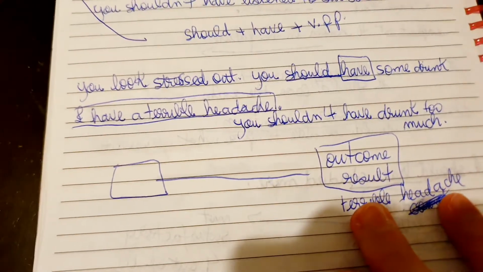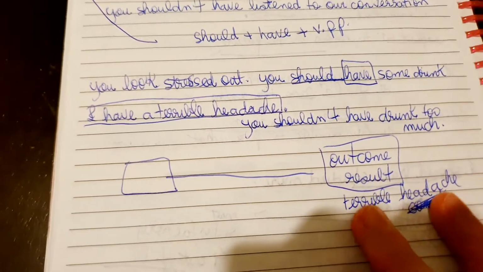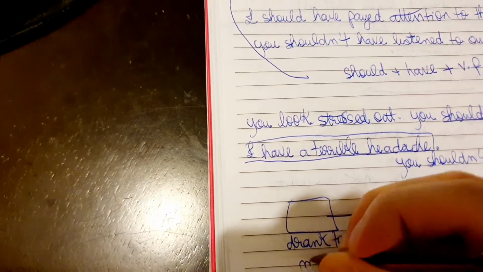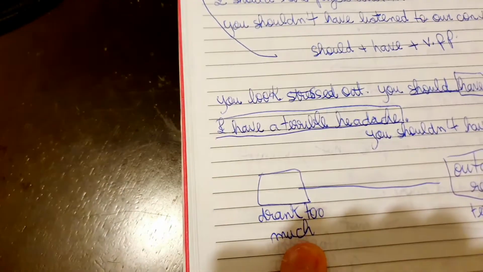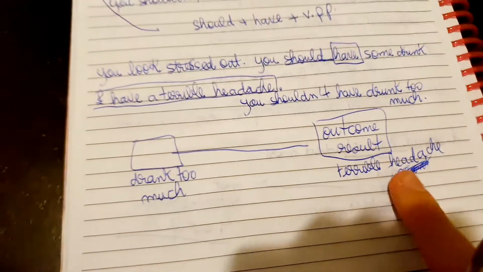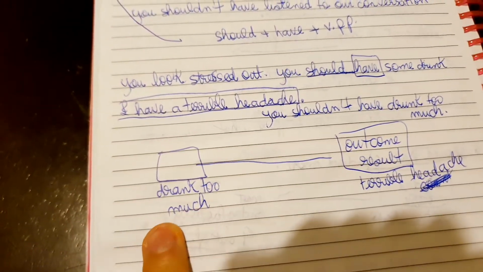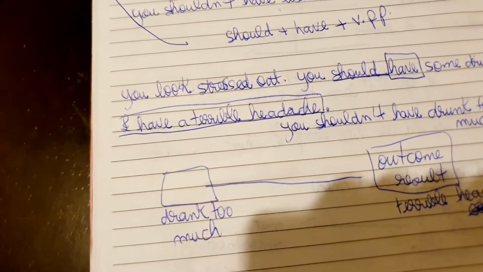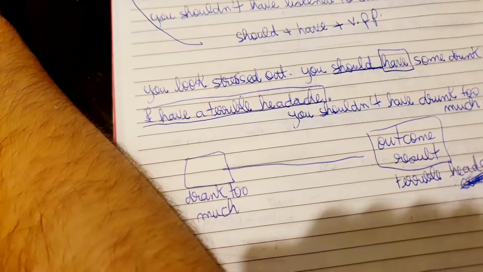I think about something else. What makes you think that I have a terrible headache now? Because I drank too much. And then I say, I shouldn't have drunk too much because I had a terrible outcome. So I did something, but I know I shouldn't have done that. Okay? So it's very straightforward.